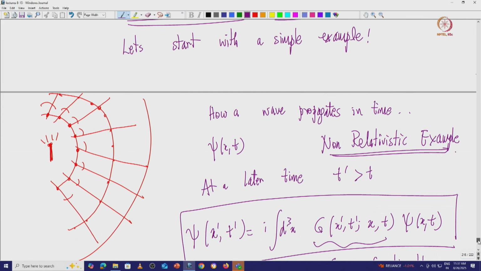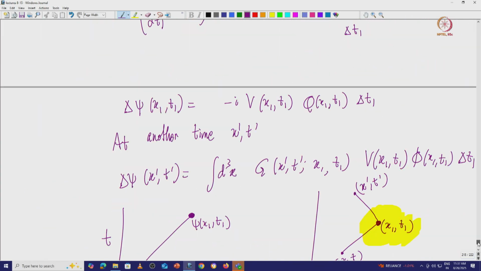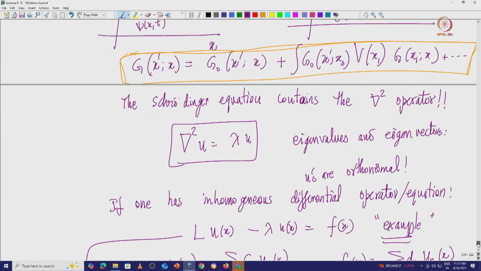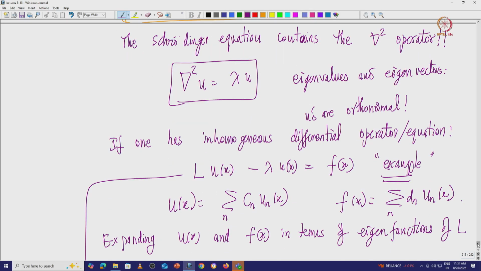Now, let me repeat this, just bear with me. What I am trying to say is, imagine you have a differential operator L. Essentially L is some differential operator, for example the Laplacian, with eigenfunctions un of x and eigenvalues lambda n.